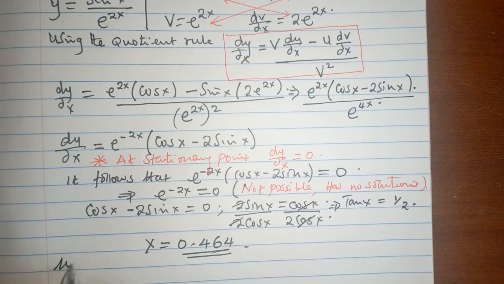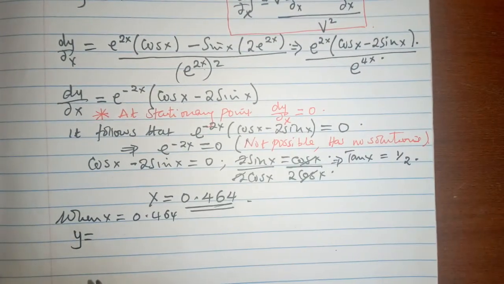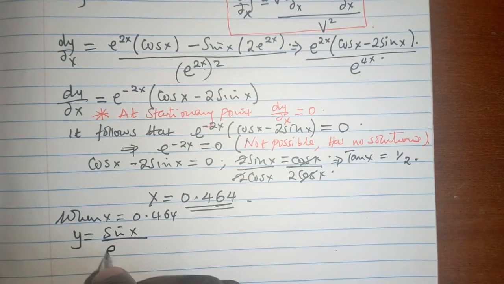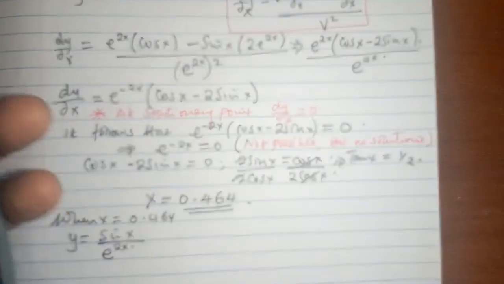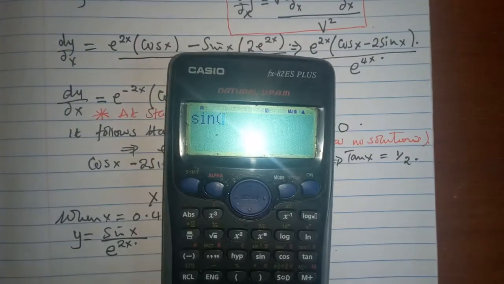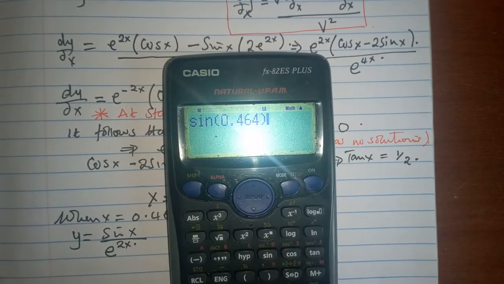When x is 0.464, y itself is found by substituting in the original function: the sine of 0.464 over e raised to power 2 times 0.464.